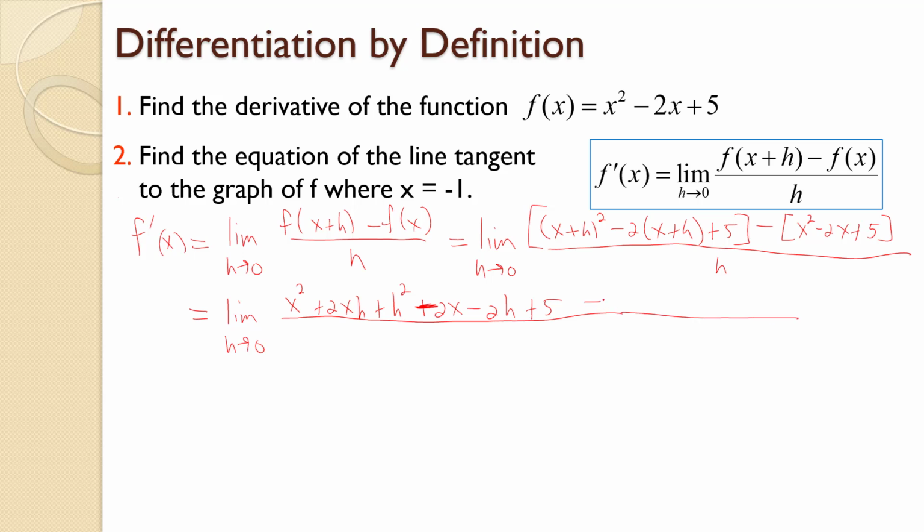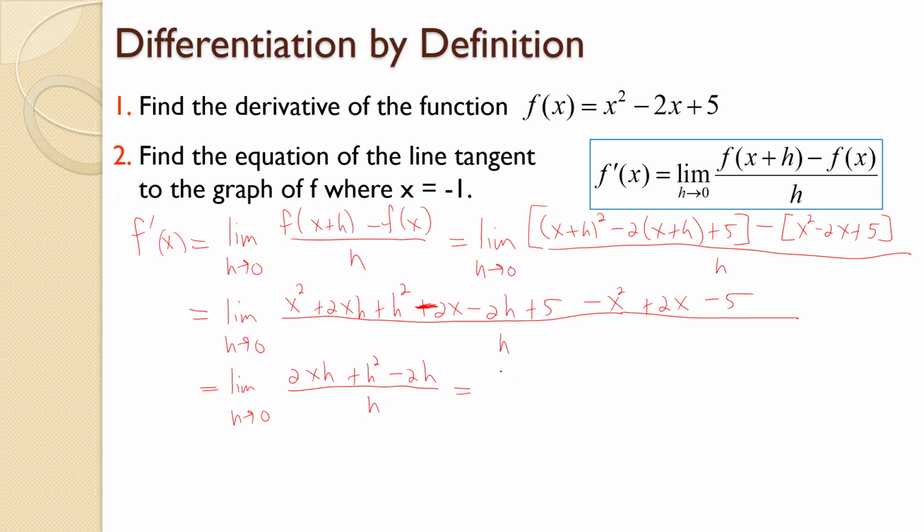And then I'd have a minus x squared, a plus 2x, and finally a minus 5, and that's all over h. So that would then be the limit as h approaches 0 of, in the numerator, the x squares cancel, the minus 2x plus 2x cancel, the plus 5 minus 5 cancel, leaving me only a 2xh plus h squared minus 2h, divided by h.